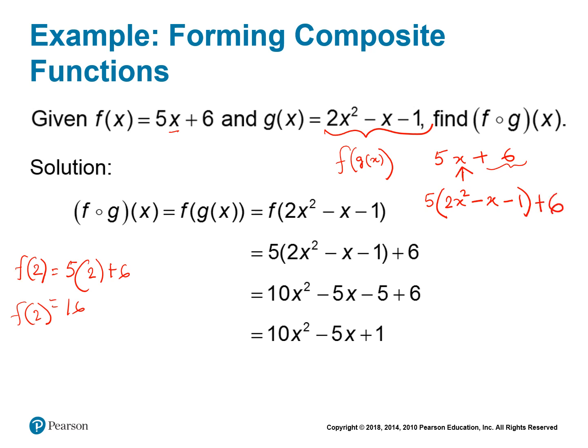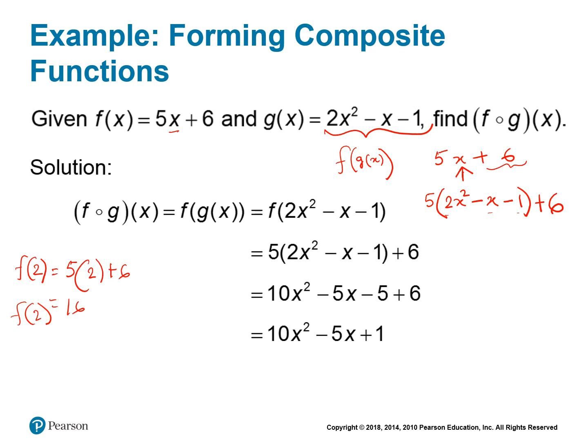All right, you see what I did here? I replaced the x in the 5x plus 6 with whatever expression g of x had, which was 2x squared minus x minus 1. And now it's just plain algebra. We have to multiply all the terms inside the brackets, distribute 5 and rewrite this, right?